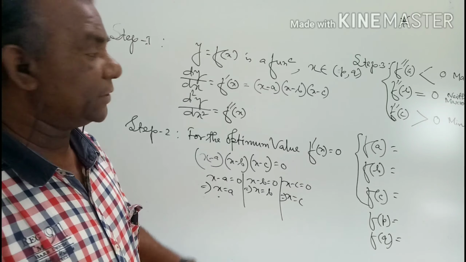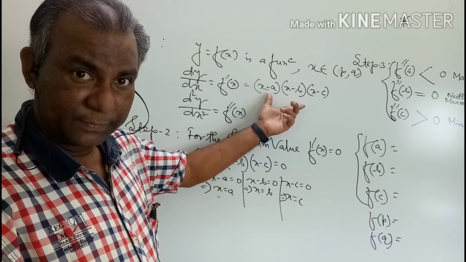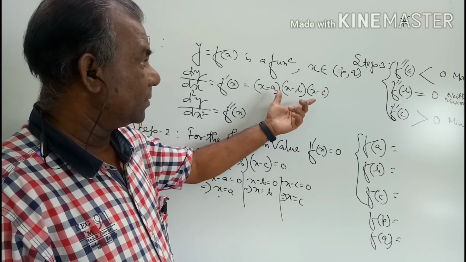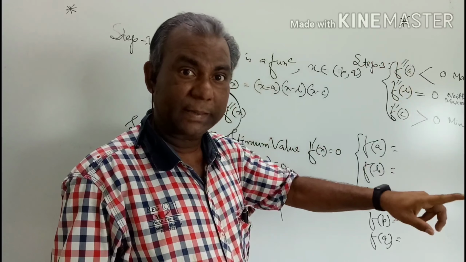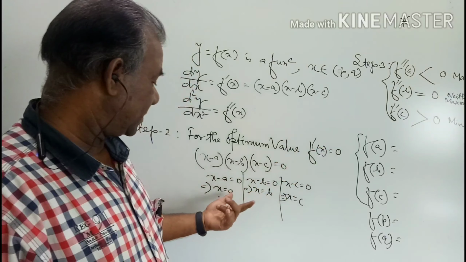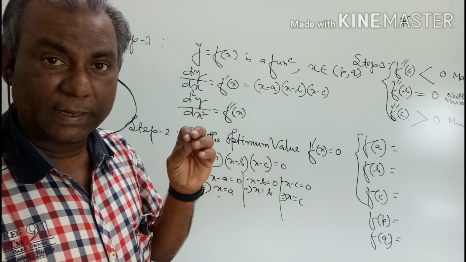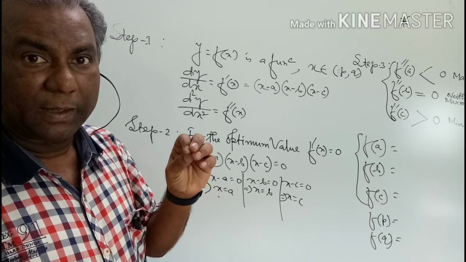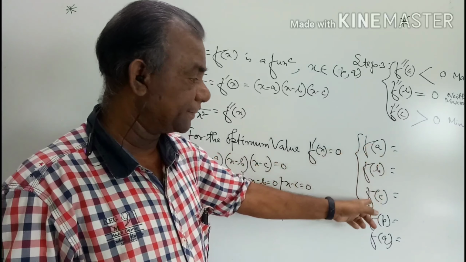The value you get from f dash x equal to 0 tells us that the function has local maxima or local minima within ABC, and that value will be given this way.